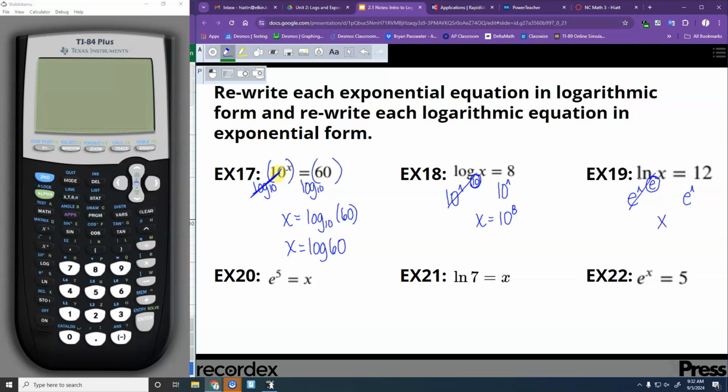We'll get x equals e to the 12th. And that would be where we'd stop, right? Notice how if I didn't have a log in the beginning, I end up with a log in my answer. If I do have a log in the beginning, I don't have a log in my answer. That should happen on these problems.